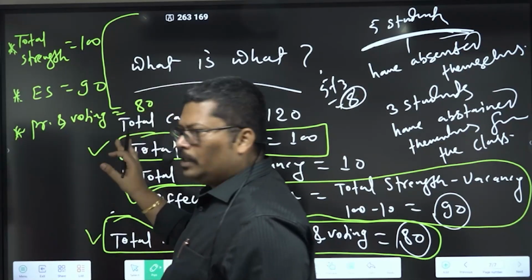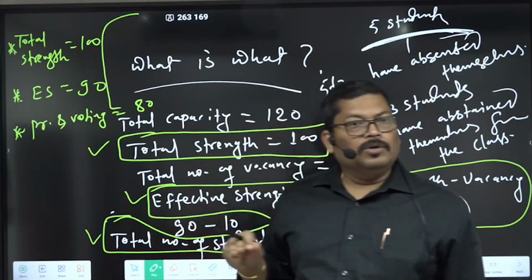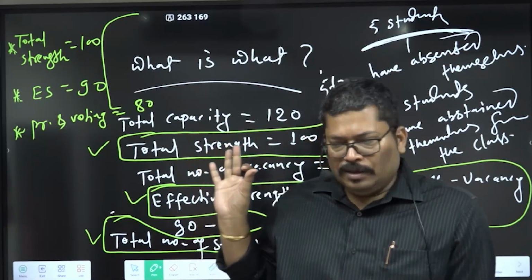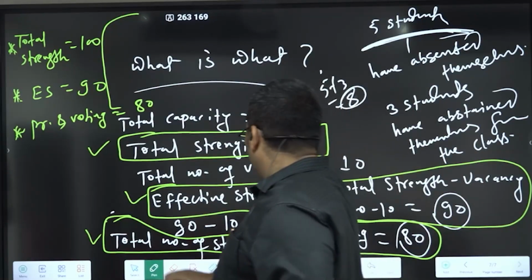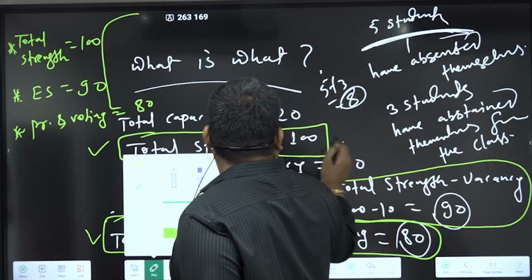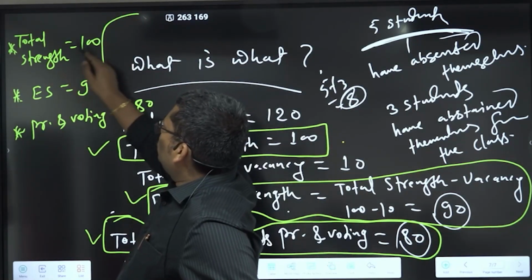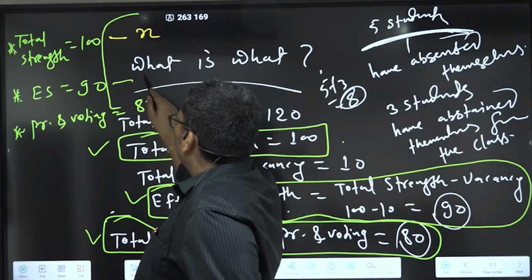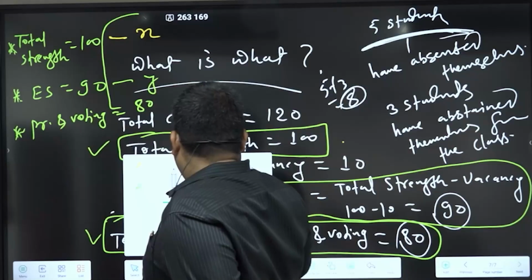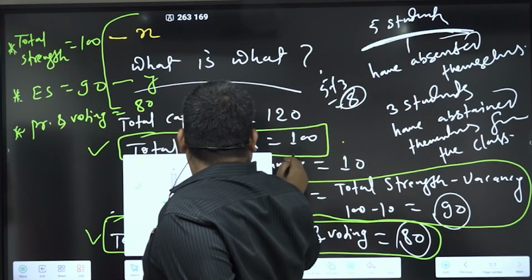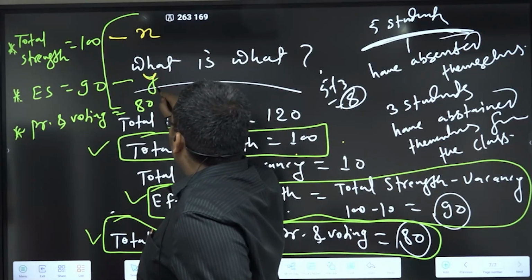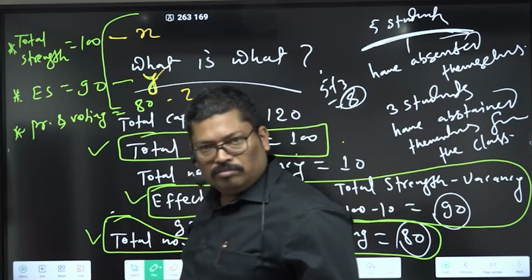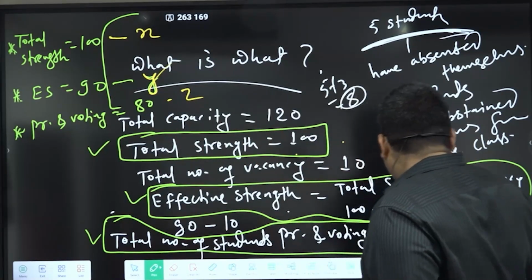So only these three figures are going to be utilized while finding out different kinds of majority. Okay. So let us consider that total strength is X, effective strength is Y, present and voting is Z.